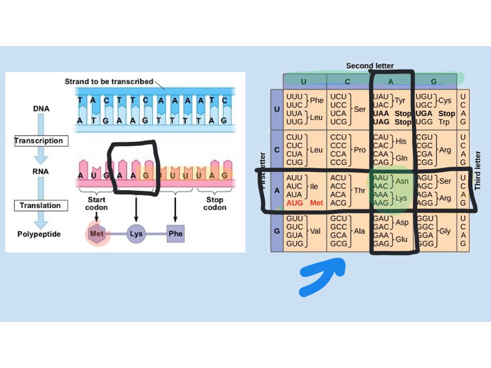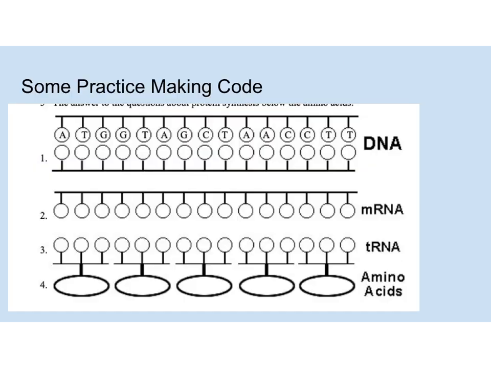Then my third letter is G, so I go to the very bottom, and it's lysine. There are two codons that code for lysine: whether it was AAA or AAG, it would both be lysine. But it's AAG, so across here we go down, and there's lysine. My next one would be PHE, but I'll go through it coming up.